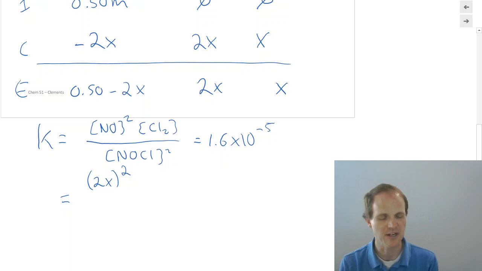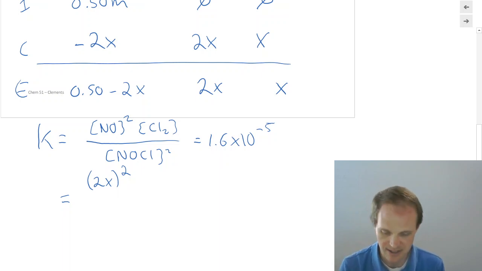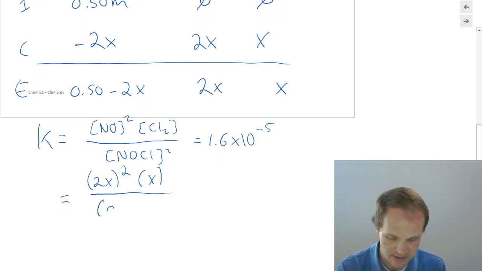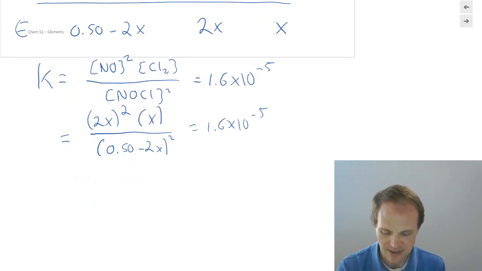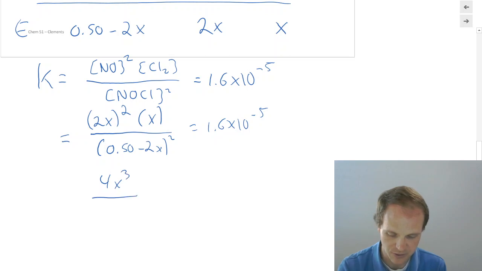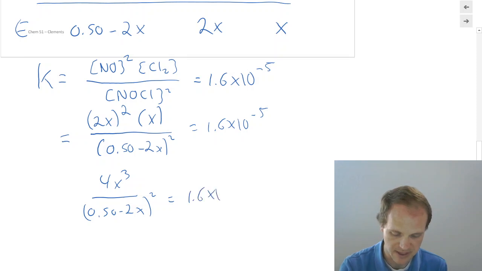People always want to put it outside, but you've got to put it inside. And then we write x, over (0.50 minus 2x) squared, equal to 1.6 times 10 to the minus fifth. If we write that out a little bit, we get 4x cubed over (0.50 minus 2x) squared equal to 1.6 times 10 to the minus fifth.